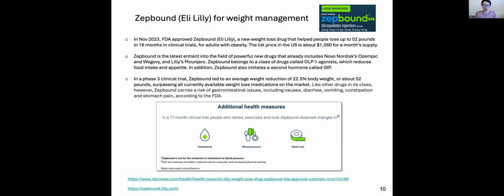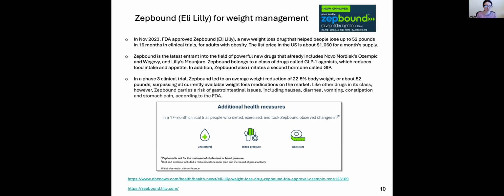Zepbound also includes a second hormone, also an incretin, called GIP. In phase 3 clinical trials, Zepbound led to a weight reduction of 22.5% body weight.